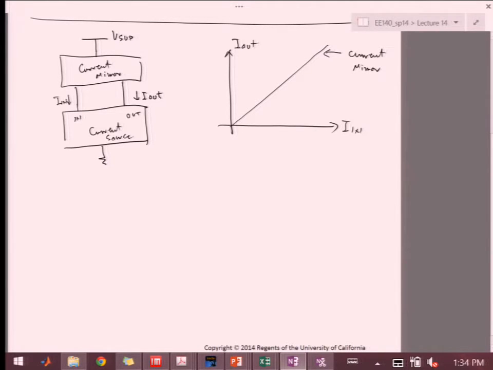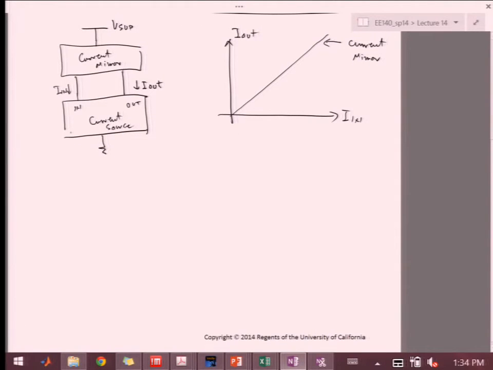Current mirror has some multiplication ratio between input and output, and that will be the slope of this curve, directly mapping whatever's into the output. And then I have this current source characteristic, which is usually mapping some reference into voltage, or mapping voltage back into current. So it will look something like this.